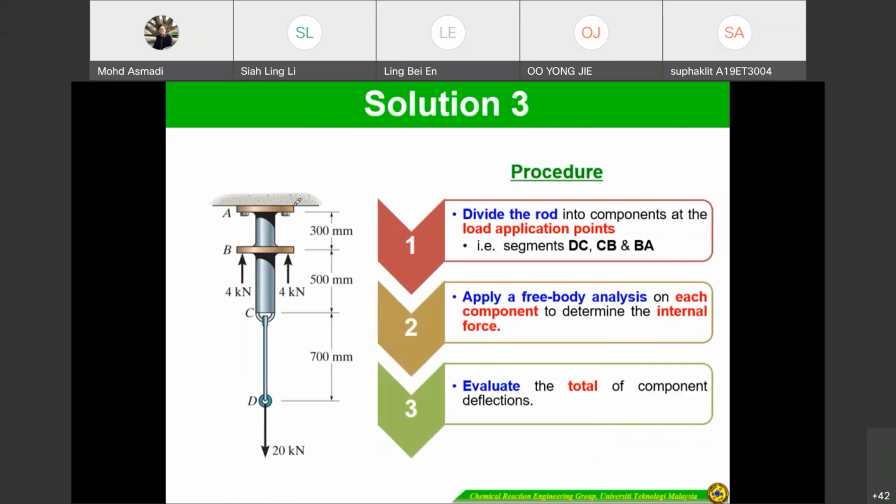If you want to divide it, you divide it into this, this, and this one. That is how you draw the free body diagram, section by section, pipe by pipe.